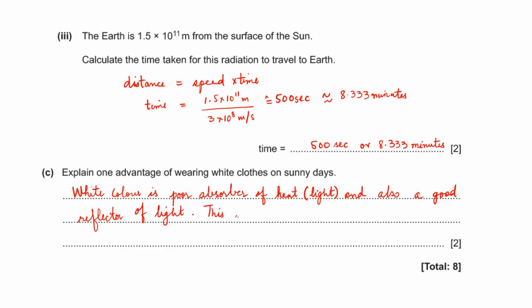This keeps the body cool on sunny days. So just simply a poor absorber and a good reflector of heat radiation or light is a good answer for this, and that basically keeps your body temperature in check.